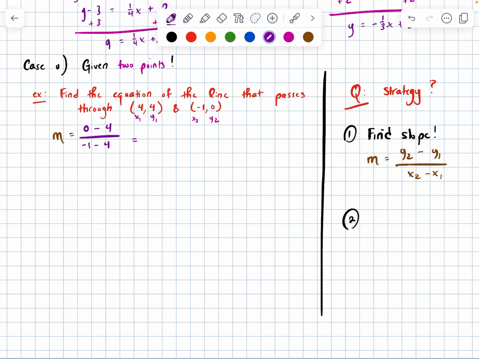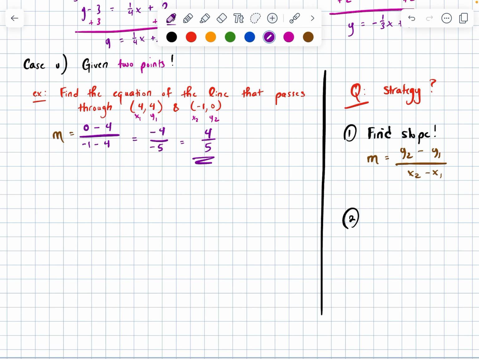Simplifying, 0 minus 4 is equal to negative 4. Negative 1 minus 4 is equal to negative 5. Negative 4 over negative 5, a simpler way to write that would be 4 over 5. So my slope here is 4 over 5. Now, all I need to do is use my point-slope form.